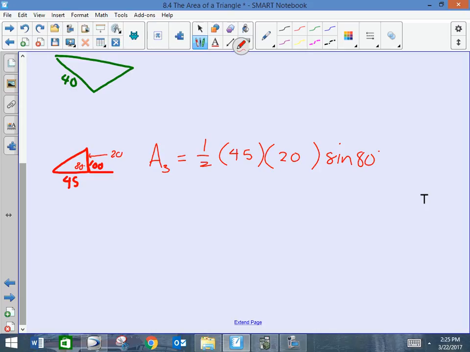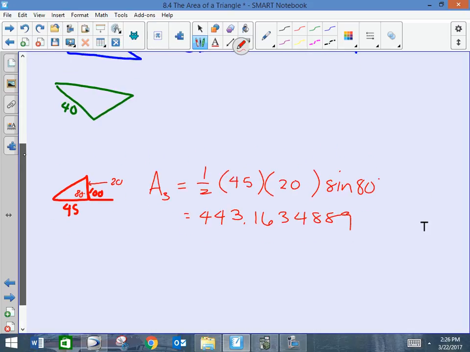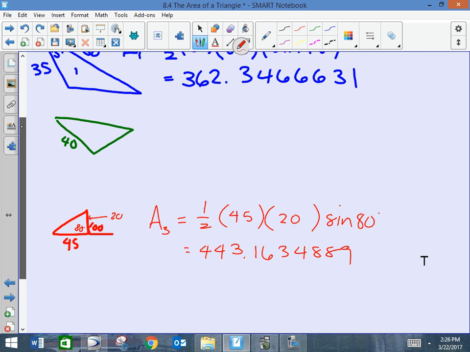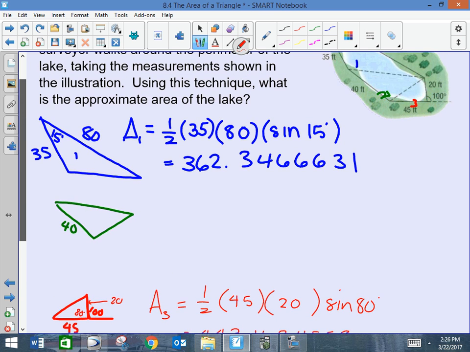So, times 45 times sine of 8. Okay. So 440. What's the rest of it, Bridget? Okay. We don't have to get that carried away, but that's just better than scrolling sometimes when they have a lot going on. Okay. So this triangle.